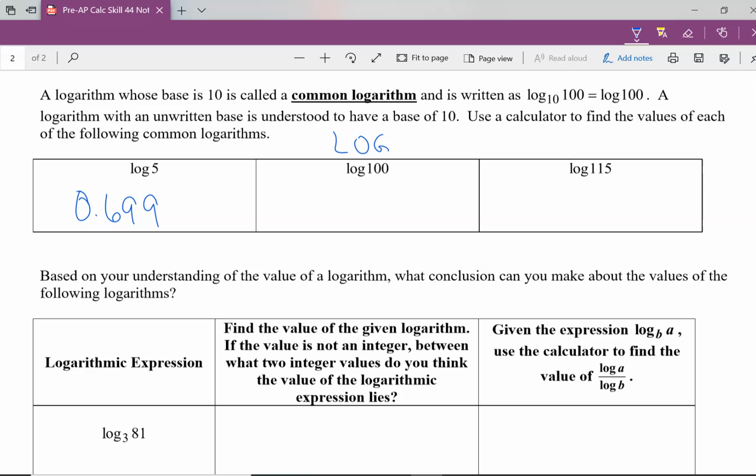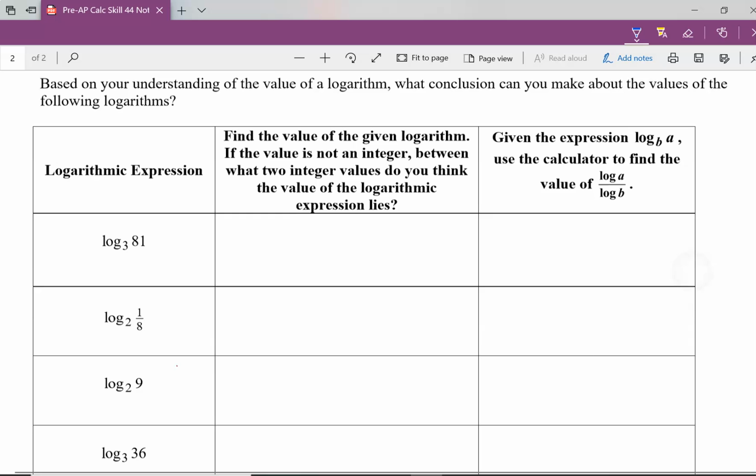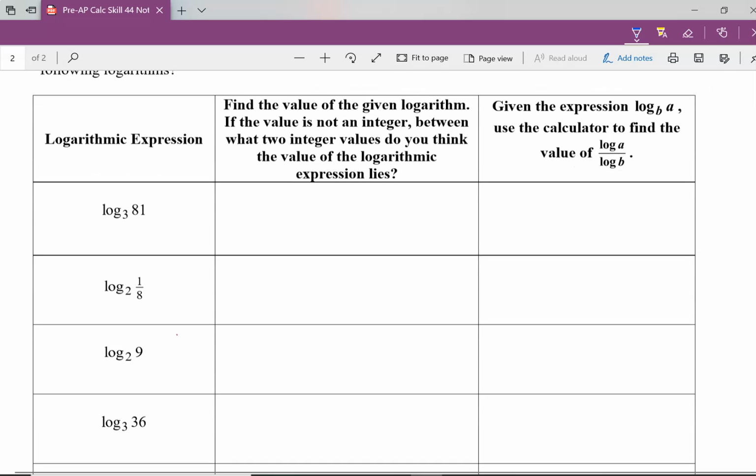For log 100, the calculator gives you 2. For log 115, the calculator gives you 2.061. I rounded those to 3 places. We'll use that idea in a moment, but let's try some of these out.